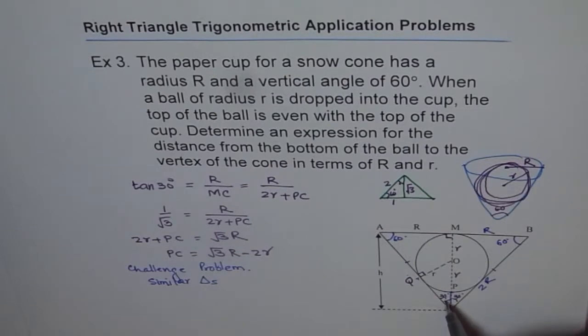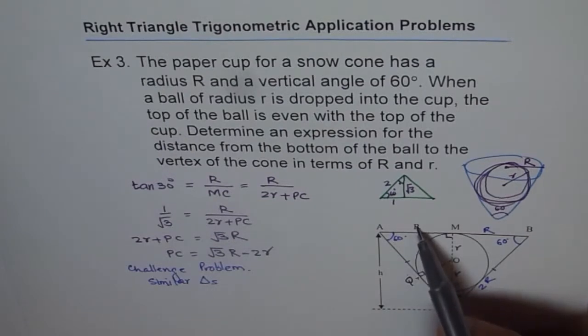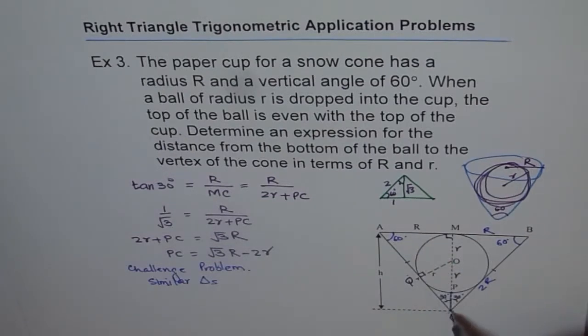The side opposite to 30 degrees in the big triangle is capital R, and in the small triangle is small r. So the ratio of R over r is equal to the ratio of 2r to this side. And then you also get the same equation, correct? So you can try using that, okay? That's the problem for you. Thank you.